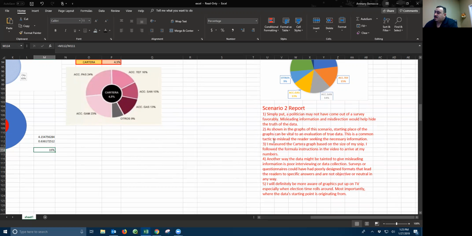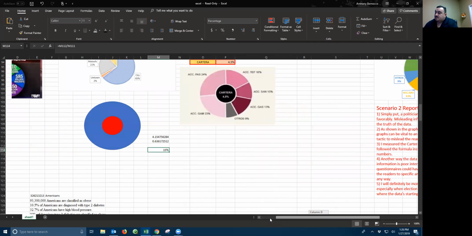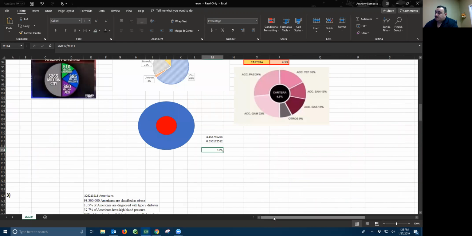You know, this whole scenario is just about misleading and misdirecting and bad data, and starting points. So the best thing to do is to just pay attention to where your starting points and the graphics are that you see.